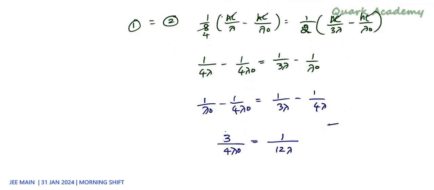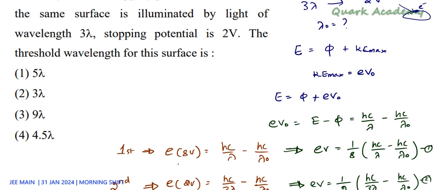From this we can write lambda 0 equal to 9 lambda. So the cutoff wavelength, our threshold wavelength, is 9 lambda.